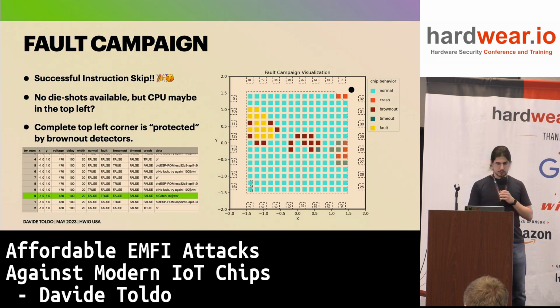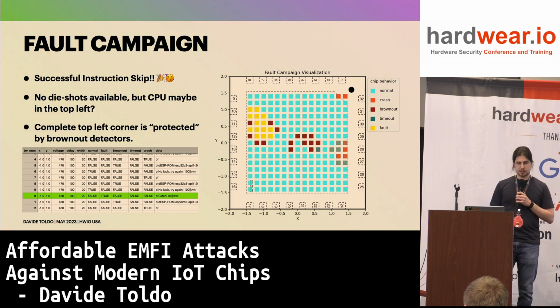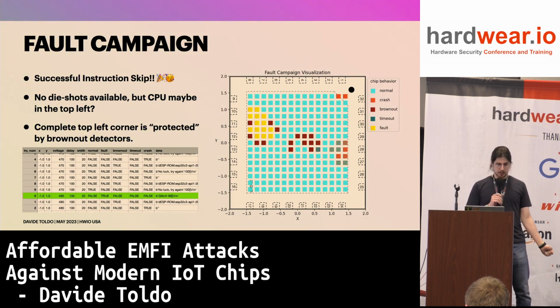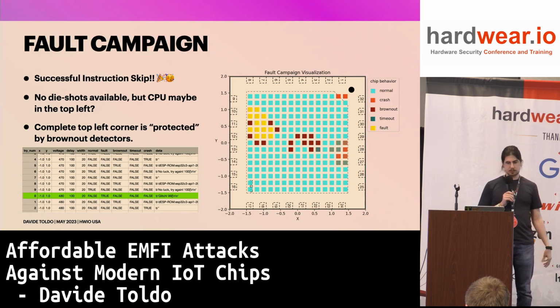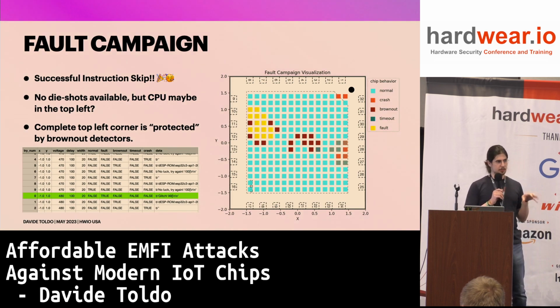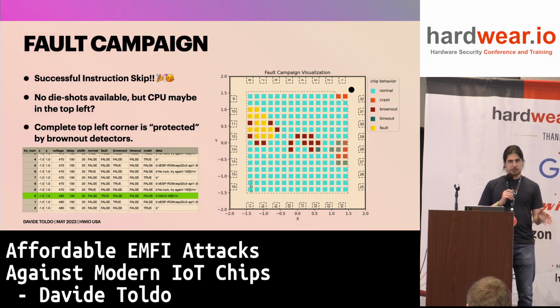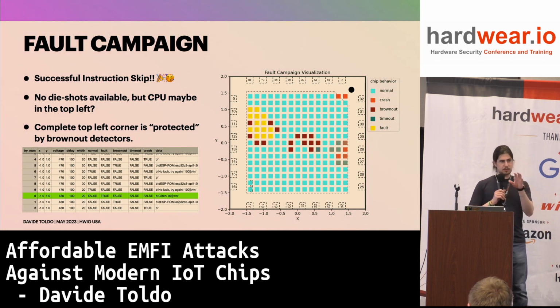But in the end, we got the instruction skip, more than one actually. It looks like the CPU or compute area of the SoC is in the top left. I would like to look into the die shots as well, but they don't exist yet. That would help to identify where my memory, my RAM, and my CPU are.